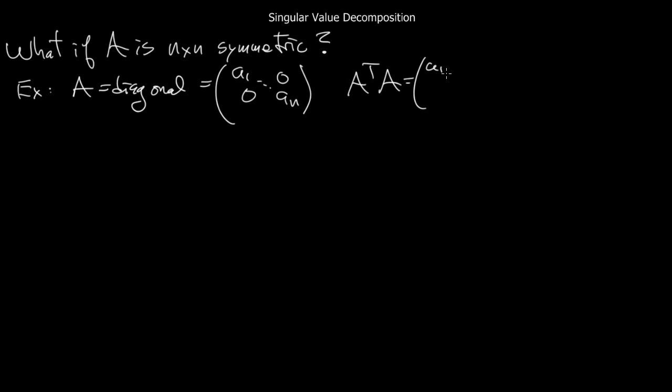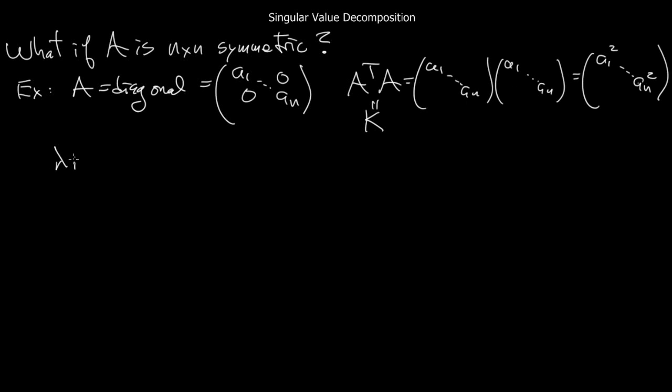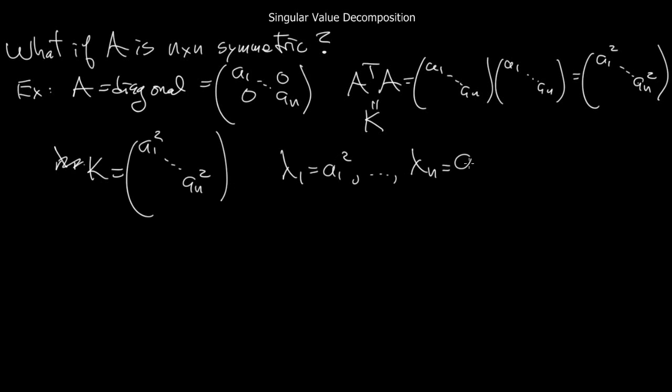And then A transpose A, of course, is this diagonal matrix times itself, which is to say it's the squares going down the diagonal. And so the eigenvalues of K are these numbers A1 squared down to AN squared. That's what these lambdas are, the eigenvalues of K. And so therefore the singular values are the square roots of those.